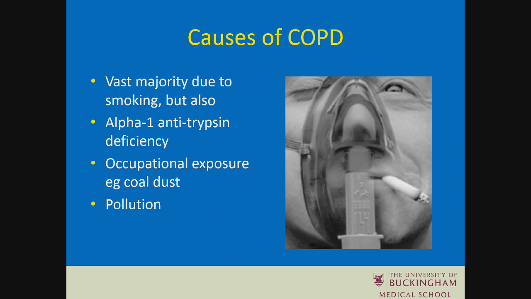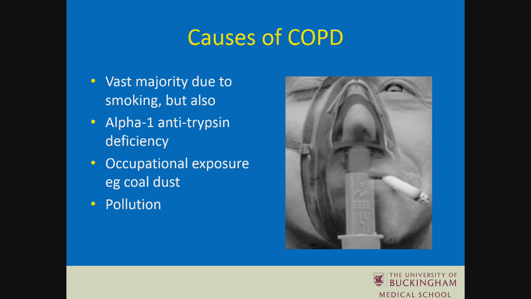So as I mentioned earlier, smoking is the major factor associated with COPD, but there are others. I mean, there's a condition called alpha-1 antitrypsin deficiency. Alpha-1 antitrypsin is needed to protect the lung from enzymatic damage, and these patients often develop quite intense or severe emphysema, if they have the full deficiency, quite early in their life.